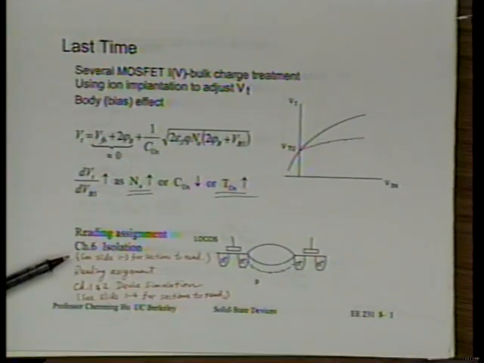And if you're not familiar with isolation, this concept of a field threshold, it is probably because you did not read Chapter 6. Chapter 6, according to the course outline, should be read after we finish Chapter 3 and before we start Chapter 4, somewhere in between there. I probably should have reminded you. But if you have not read Chapter 6, isolation, then certainly read that.